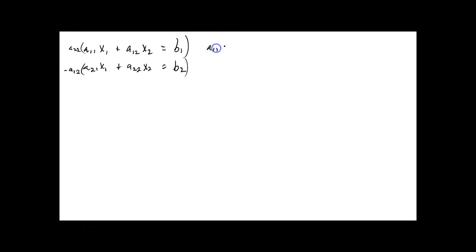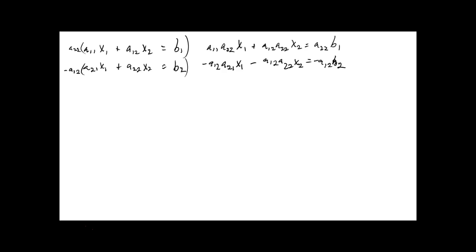Now let's see what we've got. A11 A22 x1 plus A12 A22 x2 is equal to A22 B1. Second equation: minus A12 A21 x1 minus A12 A22 x2 equals minus A12 B2.